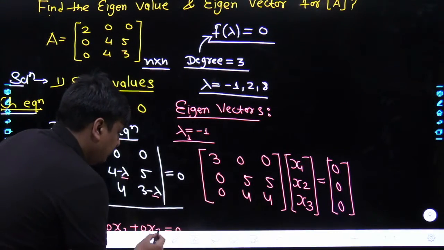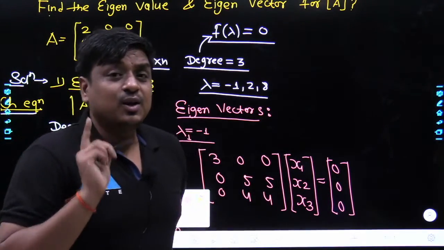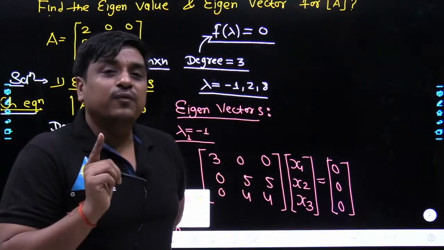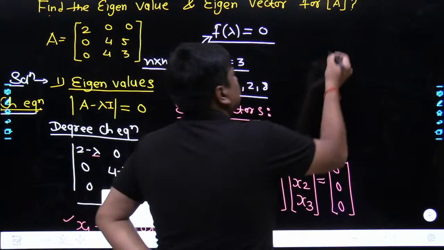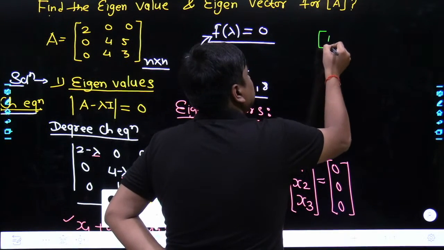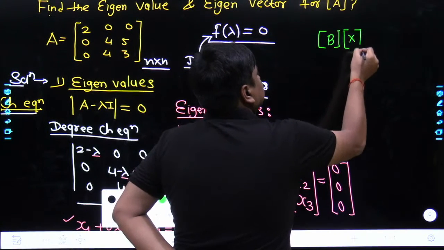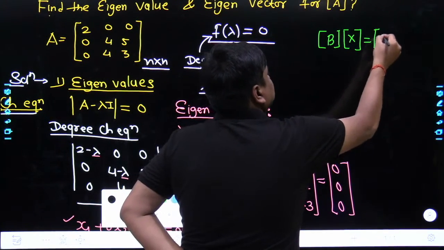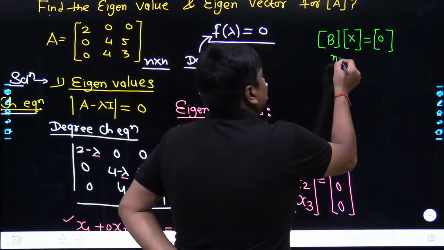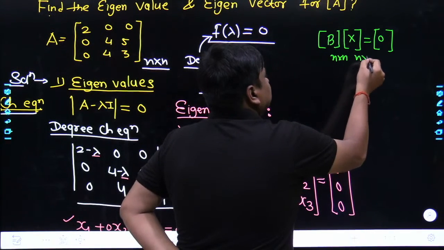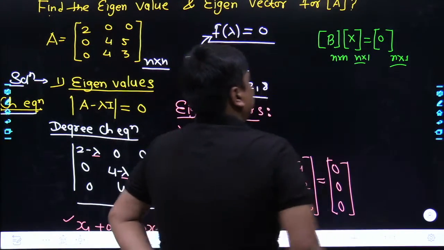Try to understand. In future, probably in today's class itself, we are going to discuss the concept of linear homogeneous equation. How does the linear homogeneous equation look? It looks like BX equals 0. Let B be a matrix of order n cross n, X a column matrix of order n cross 1, and 0 a null matrix again of order n cross 1.